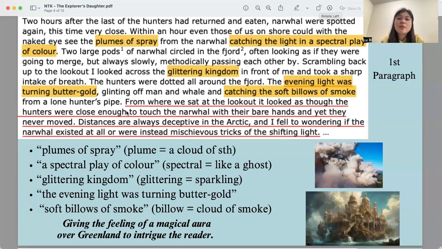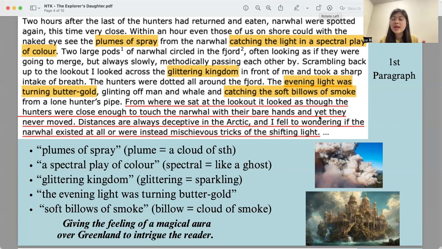"From where we sat at the lookout, it looked as though the hunters were close enough to touch the narwhal with their bare hands." So it's as if the hunters could catch the narwhal with their bare hands, so without any tool.